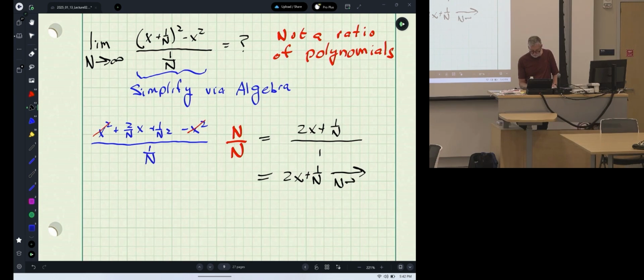And when n goes to infinity, the 1 over n goes to 0, and so the answer is 2x. Make sense?